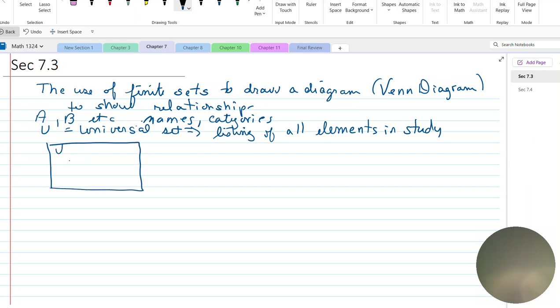So here's our universal set of a study, and we have set A and set B. Okay, in the two sets, we notice that there's an overlapping situation.